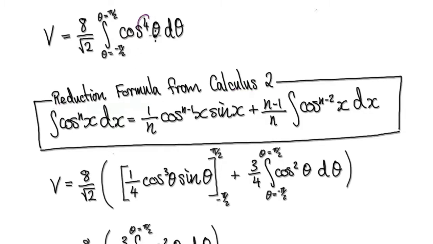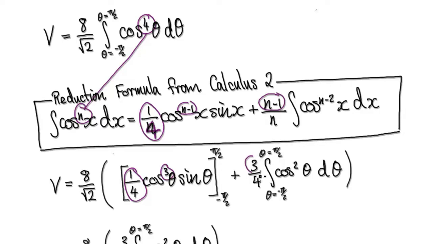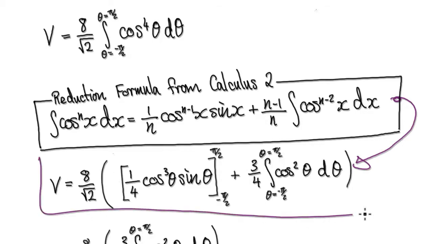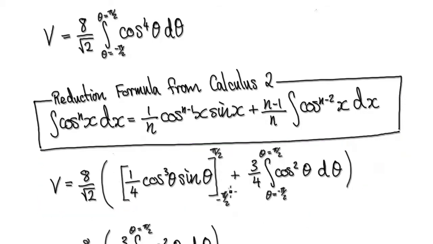If you want to integrate cos to the power of anything, in our case n is 4, so this will be a quarter, and then 4 take away 1 would be 3, and then 4 take away 2 will be 2. We've done this in calculus 2, so I'm expecting you to be able to jump to here using the reduction formula. That will then take us to here, and we're integrating from negative pi over 2 to pi over 2.